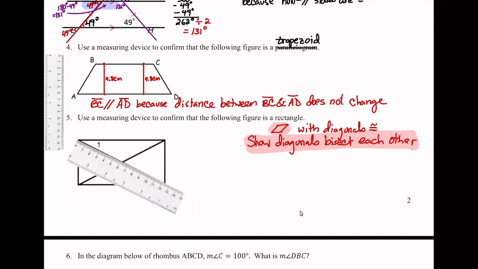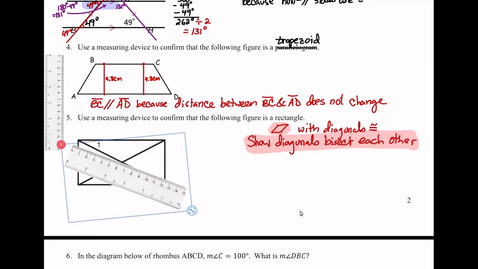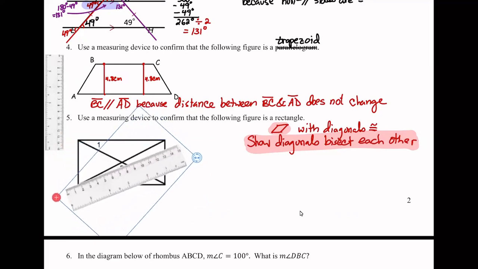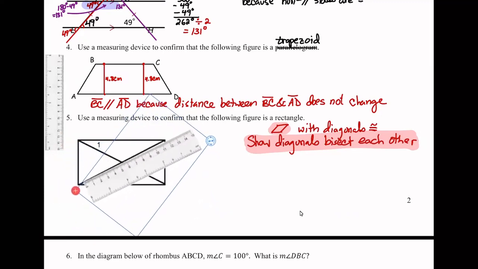Then I need it to go the other way. We've run into this issue before. I need it to not change its size. You're just going to kind of have to believe me, because it's going to change its size. But if I were to take my ruler and rotate it up, I should get 12.5 also.